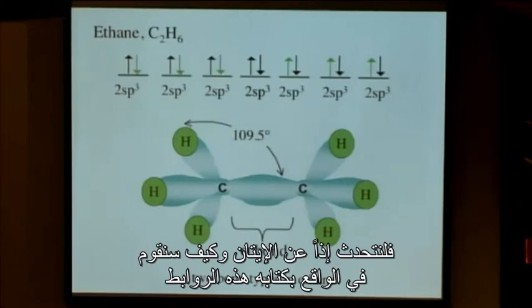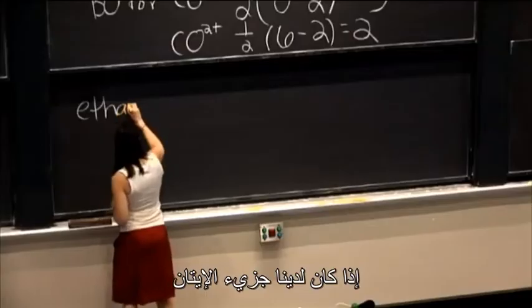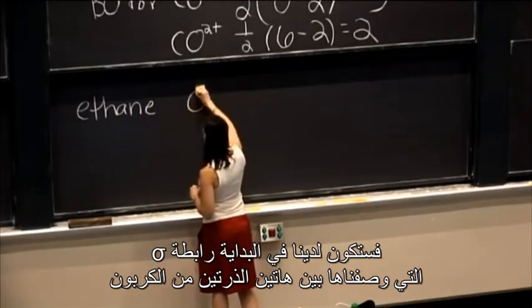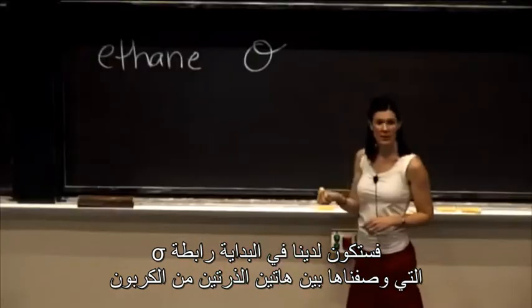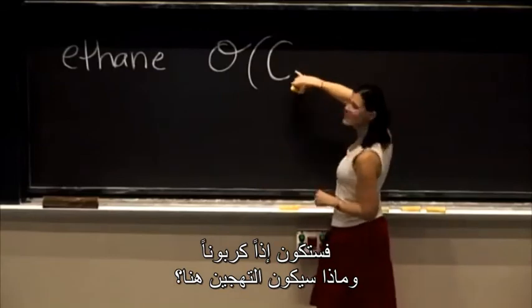So let's talk about ethane and how we would actually write these bonds. If we have the molecule ethane, then what we're going to have first is our sigma bond that we described between the 2 carbons. So it's going to be carbon, and then what's the hybridization here?